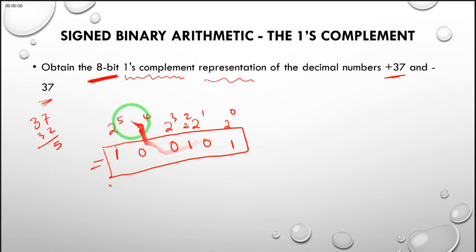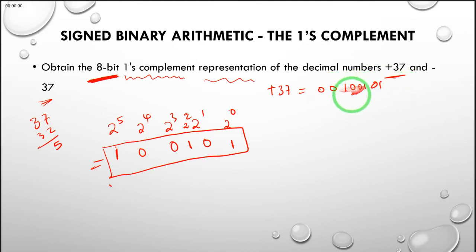If we were to use an 8-bit scheme, we would count these to be 6, and therefore we would represent that positive 37 as 0 0, adding 2 preceding zeros before the magnitude representing 37, which is now 1 0 0 1 0 1. So this is now our positive 37.